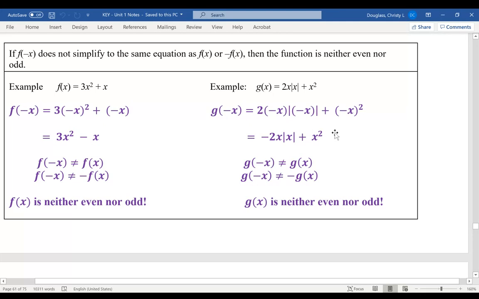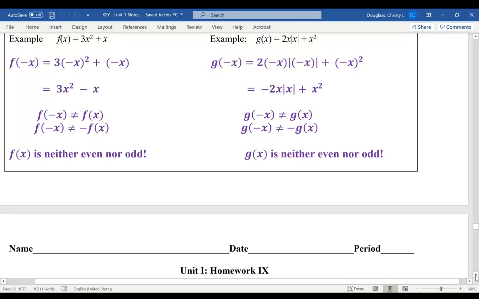So we have something that's not quite the same as the original, and it's also not quite the negative of the original, because we have a plus x squared still. So the function is not the same, and it's not the negative of the function, so it's neither even nor odd. And again, some of these graphs might have symmetry. They just don't have symmetry about the origin, and they don't have symmetry about the y-axis. And that's it.